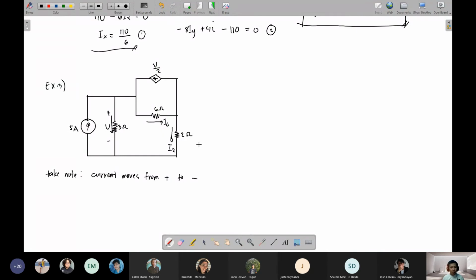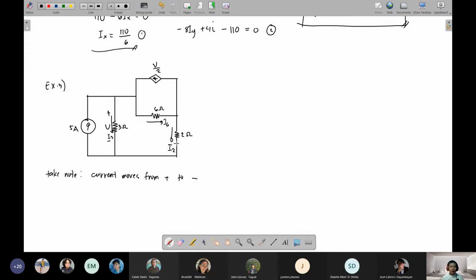You cannot assign upwards. If you assign upwards, we already know that the value will be negative. So let's just assign downwards so that the value is positive. So let's call this I3. So we now have three unknown currents. Therefore, we need three equations.